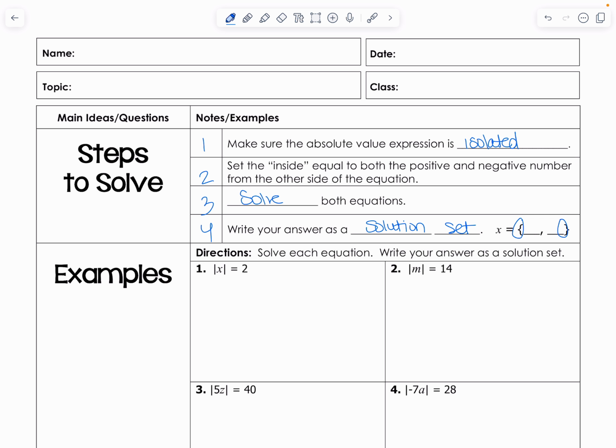Okay? All right, so I didn't do all of these because there were a ton of them in class. So I started off with, I think I did all the evens, or a handful of the evens. So what I wanted is m is equal to 14 and m is equal to negative 14.